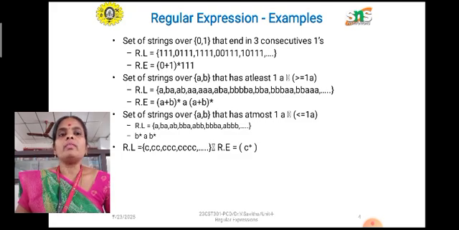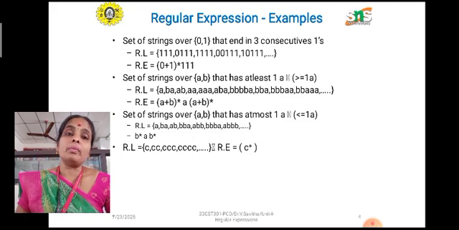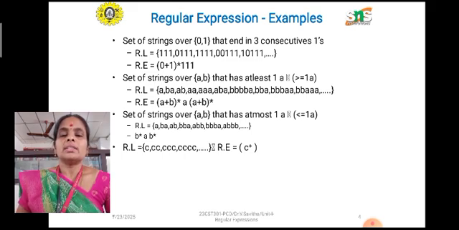When we look into the possible input strings, the pattern to be matched is taken as 0 union 1, which is taken with the iteration and followed by 3 ones. So 0 or 1 may occur 0 or more times, but the 1 1 1 pattern must be matched in all the input strings. So this gives you two properties of what we have defined in the regular expression.